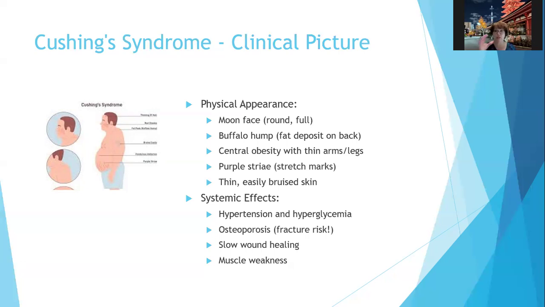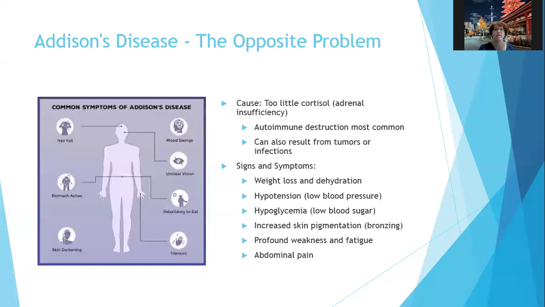Purple striae, which are stretch marks. And thin, easily bruised skin. That's a typical Cushing syndrome presentation. The systemic effects include hypertension and hyperglycemia, and osteoporosis, which develops into fracture risk, slow wound healing, and muscle weakness. So that's having too much cortisone.